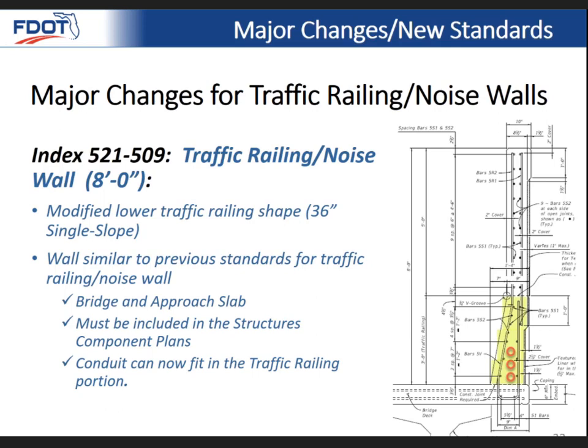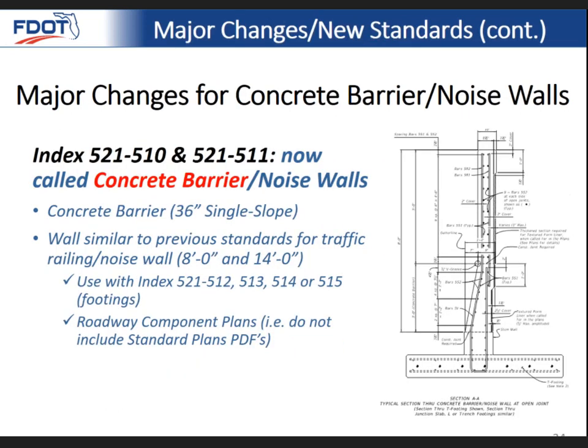The reinforcing was tweaked a little bit to open up the core of the railing to accommodate conduit, which was a problem in the previous standard. And so once again, 3 conduits are allowed to be included in those elements.